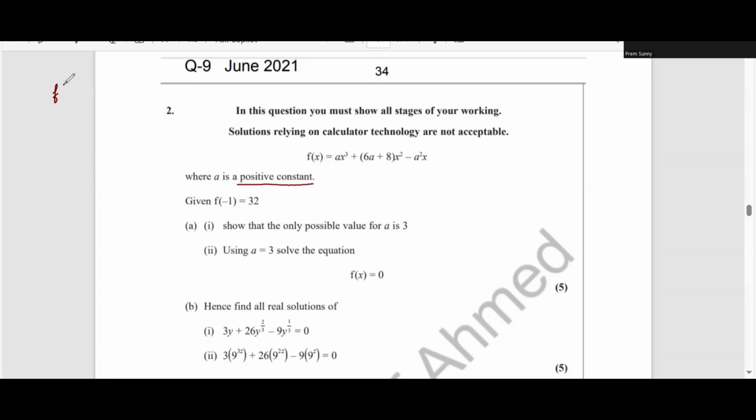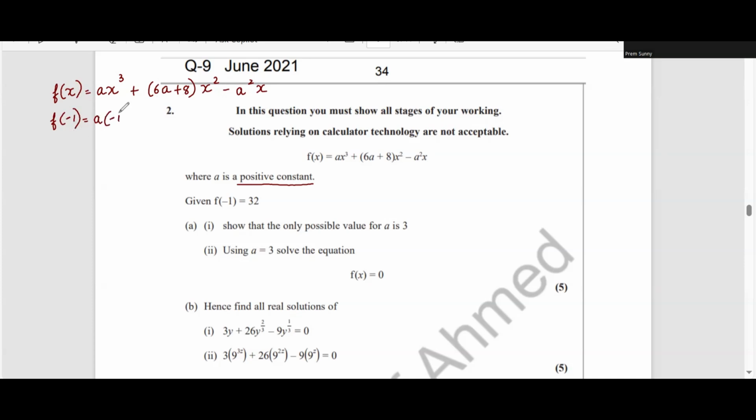So f of x is given here as ax cubed plus (6a plus 8)x squared minus a squared x. Now, f of minus 1 is what we need to find out. f of minus 1 means wherever we have x on the right hand side, we replace it with minus 1.